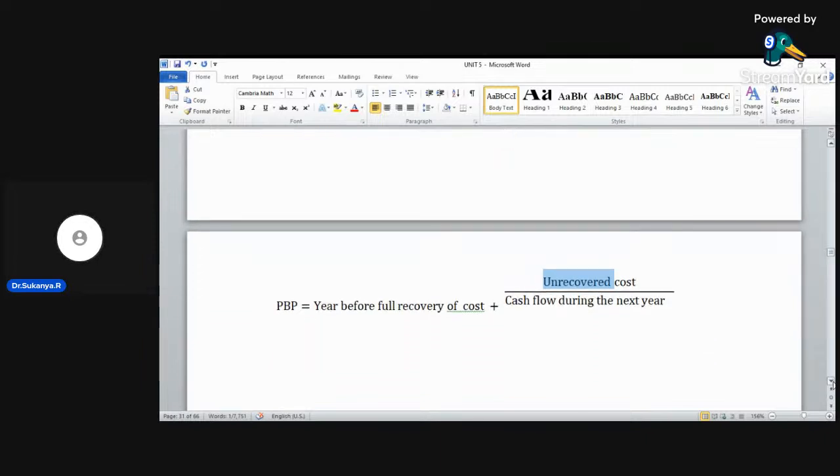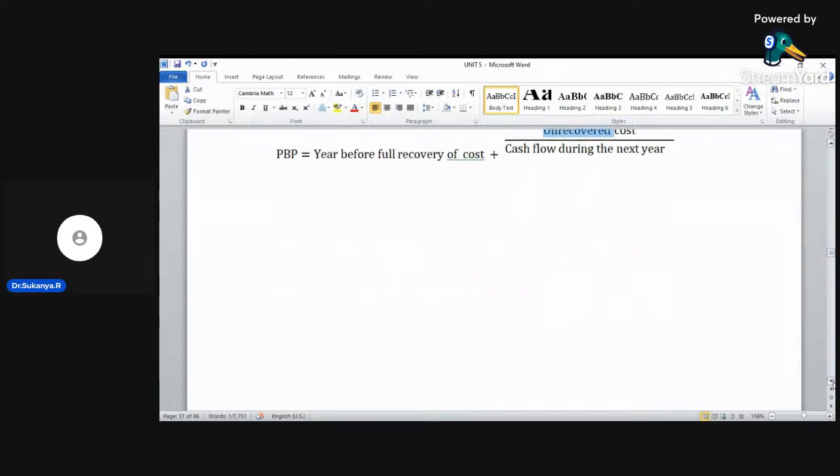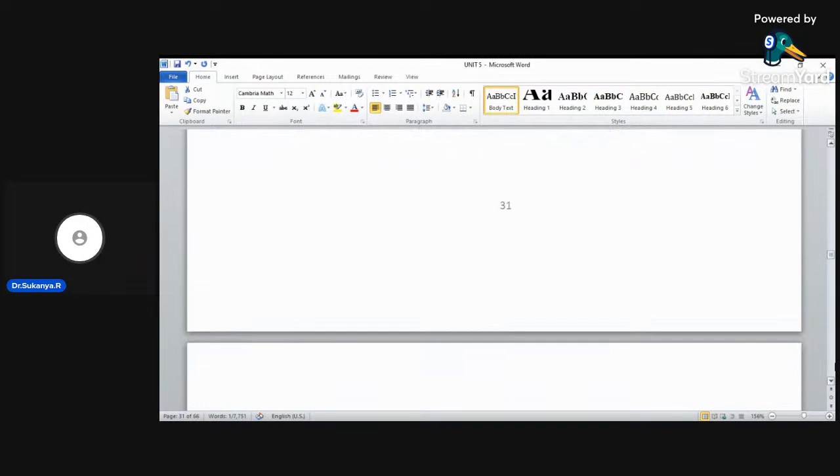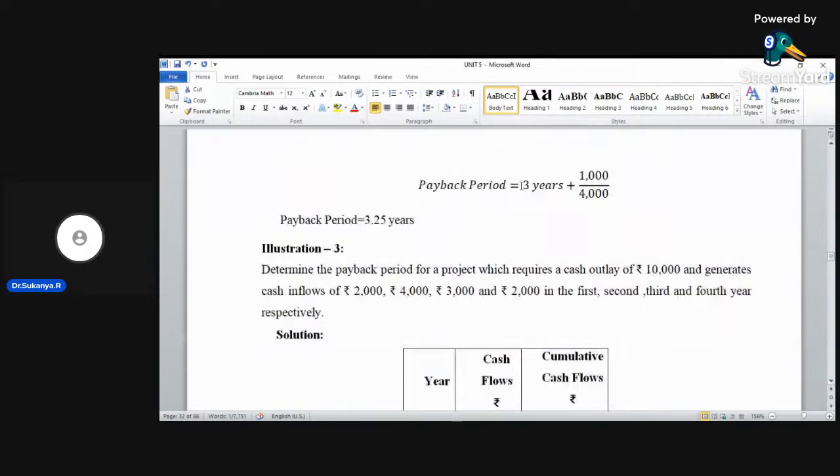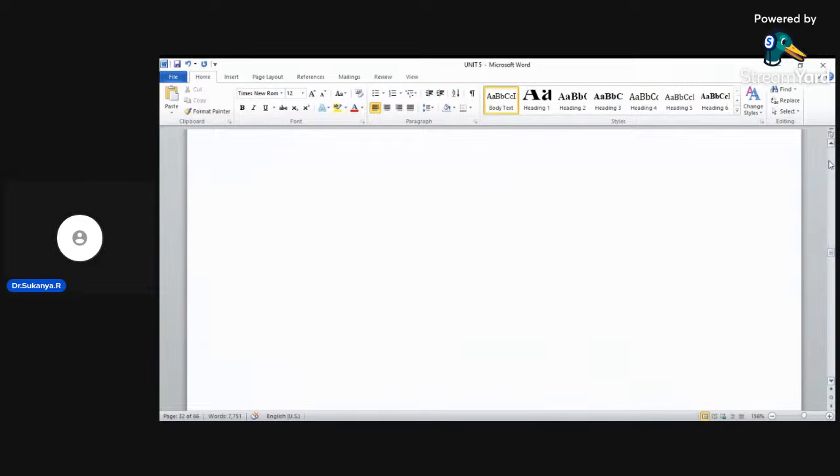That means to say, three. So 3 years. At the end of 3 years, you were able to get 19,000 plus unrecovered. What is this unrecovered amount? The original investment was 20,000 rupees minus 19,000 rupees you're able to get. So the unrecovered money is 1,000 divided by the cash inflow of the next year.